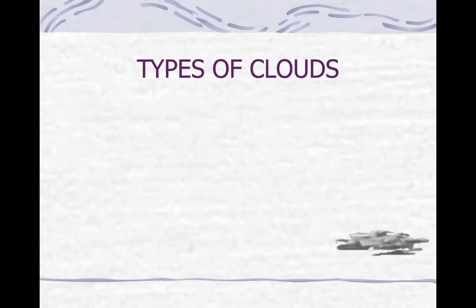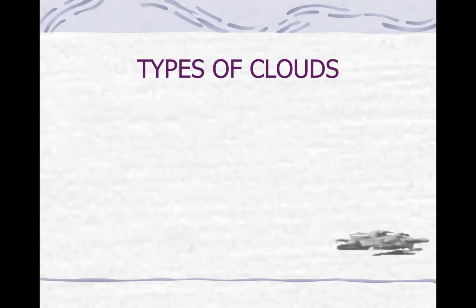Types of clouds. Now, there are a lot of different types of clouds, students, but I'm only going to be focusing on maybe 4 types or 5 types. And the types of clouds that we're going to be learning about this morning are clouds that even meteorologists will tell you they are clouds that can help you figure out what the weather is like right now, or what the weather might be like in a day or two.